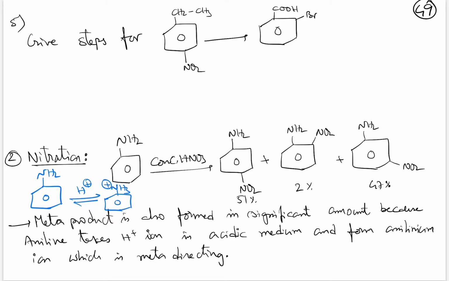Now there will be an equilibrium established here. So whatever aniline you have taken initially, some amount of it will exist in the form of aniline and some amount will exist in the form of anilinium ion. Aniline NH2 is an ortho-para director, we know, whereas anilinium ion NH3 plus is a meta director. So this anilinium ion is the one responsible for formation of the meta product here.